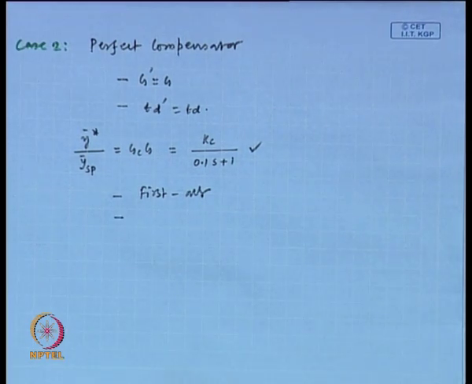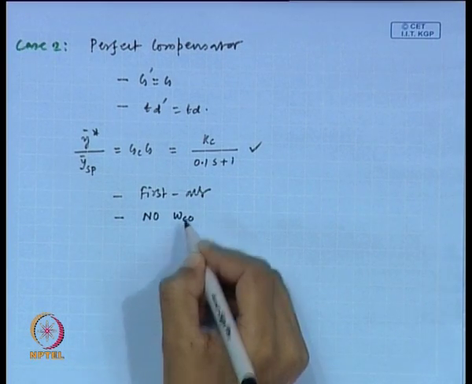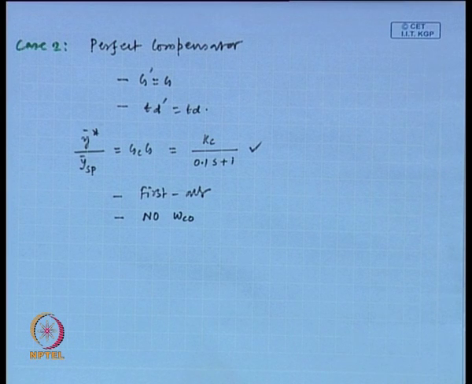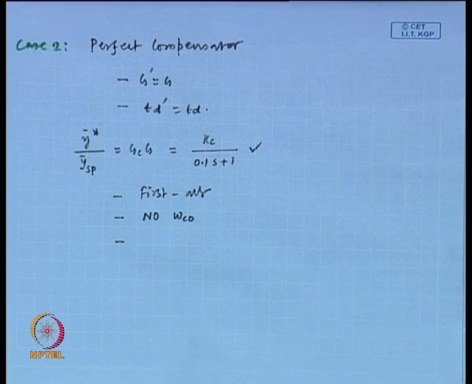Is there any crossover frequency? No, because if we vary omega from 0 to infinity, we obtain the variation of phi from 0 to minus 90. So, there is no existence of crossover frequency. If there is no existence of crossover frequency, then we can use any large value of Kc.